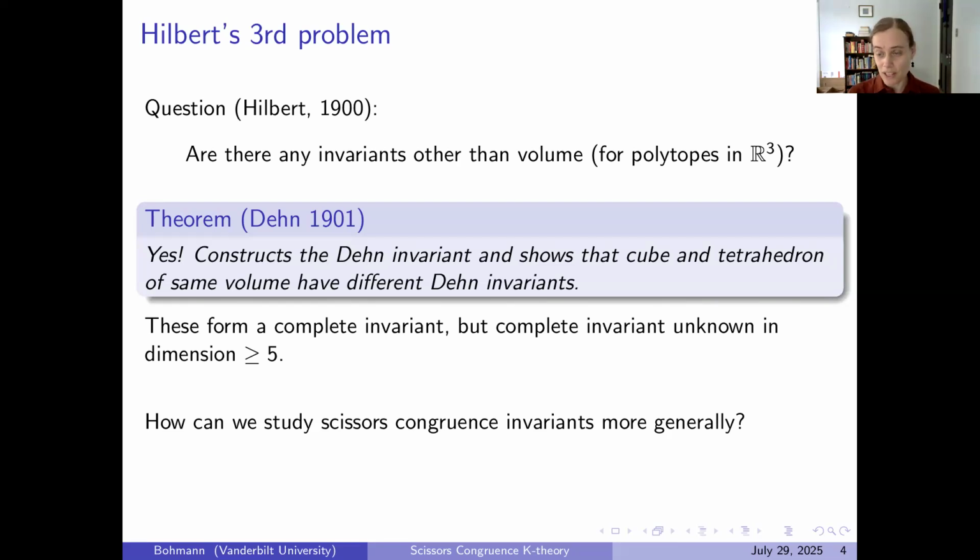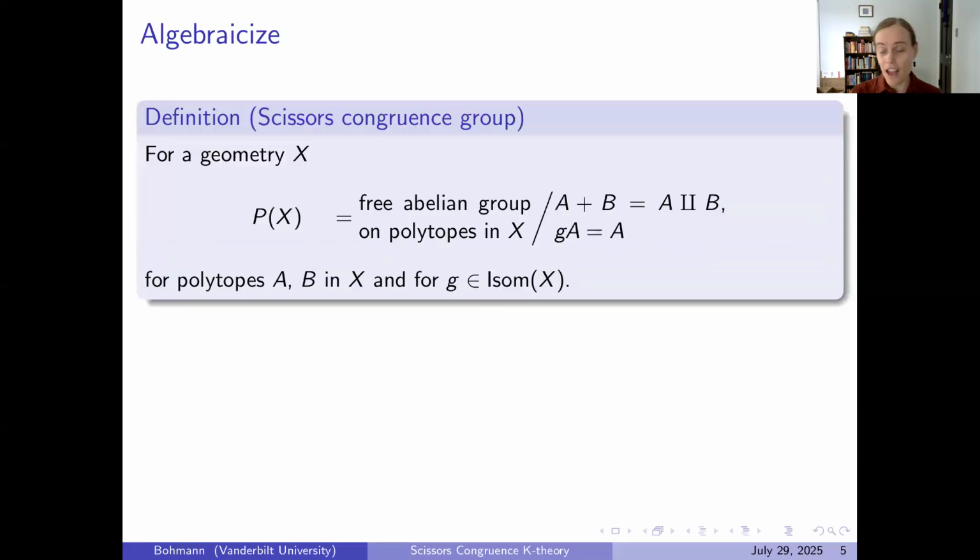So one thing we can do is ask what we can do to study scissors congruence more generally. And this is where we get to algebra. So Dehn's work, as you saw, was in the very early 1900s. And then around the mid-20th century, people started working towards a more algebraic approach to scissors congruence.